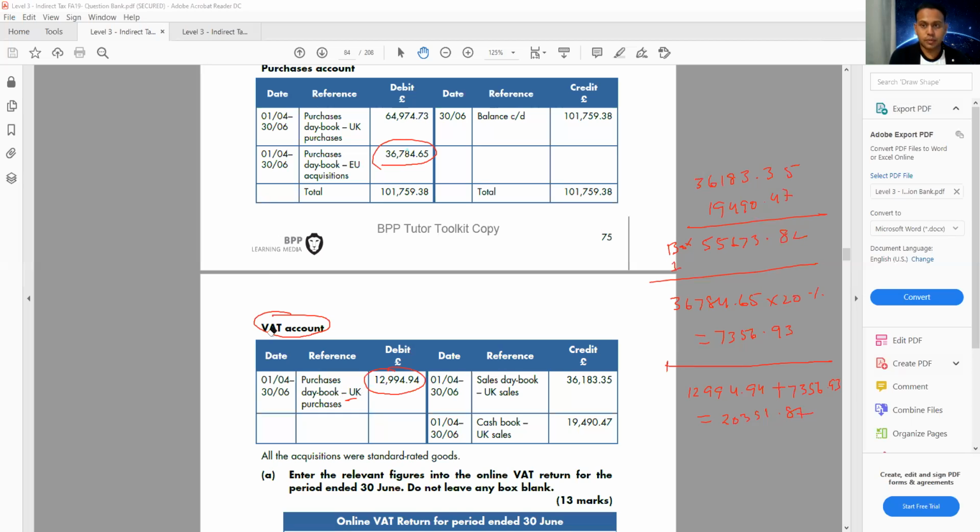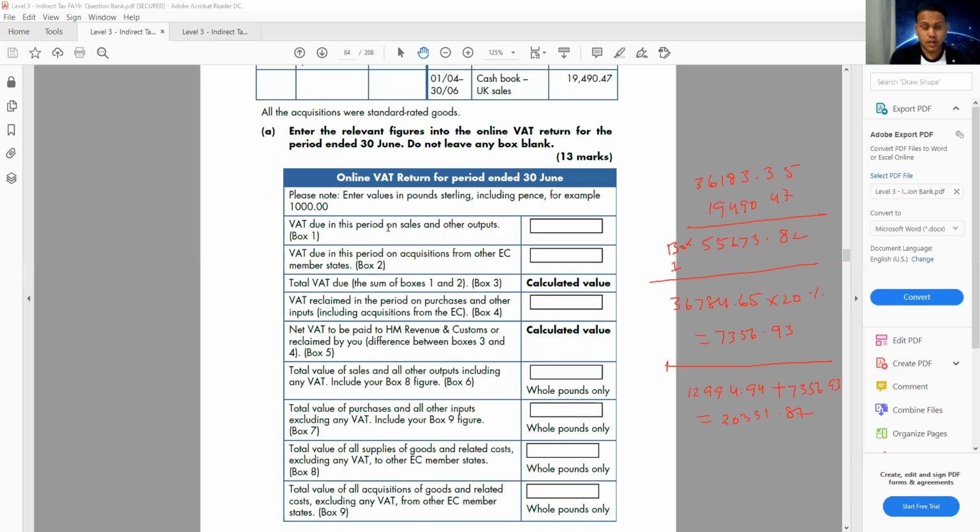And on the other hand, let's have a look. If you read the question, I hope you'll understand that. So I'll show you the question. If you look at the question, it says the first box is all about only the UK. The next box is acquisition from EC countries. So acquisition means purchase. When you purchase from an EC country, that is acquisition. Now you might be thinking why I'm including it here and also with input.